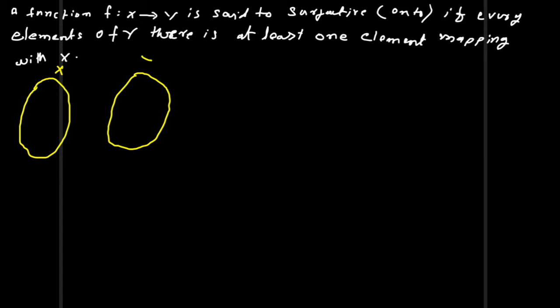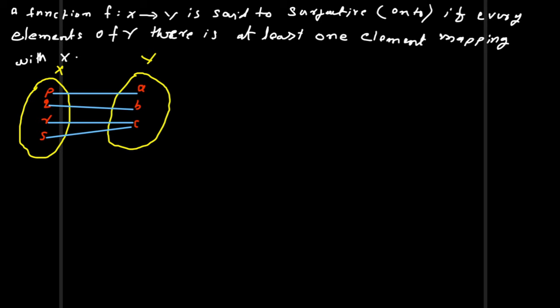Suppose this is set X, and suppose this is set Y. Then you can take the elements of X as p, q, r, s, and the elements of Y as a, b, c. Then the mapping from X to Y: the image of p is a, the image of q is b, the image of r is c, and s is mapped to c.